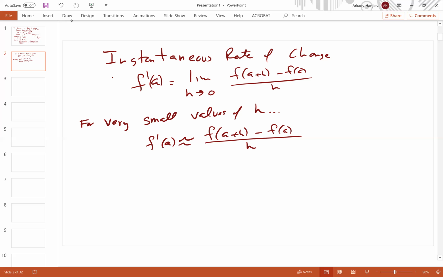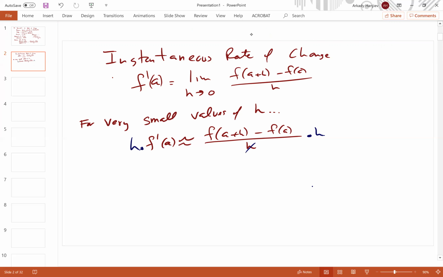Okay, so let's do this here. How about let's multiply both sides by h. And then let's add f of a to both sides. So, multiply by h. So I got a multiplier here. Look at that.